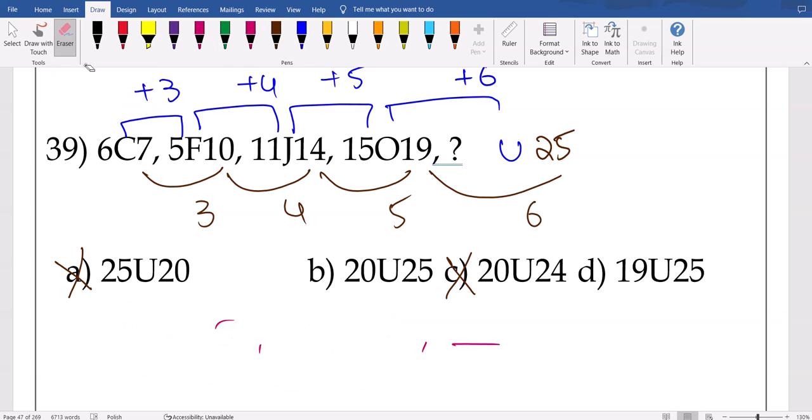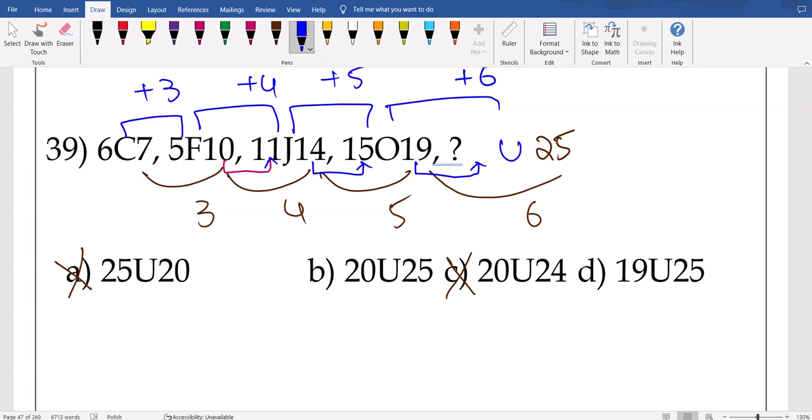See my point, here I'm checking in this way. 10, next number 11, right? Whereas here, 14, next number 15. 19, next number 20. So maybe among the given options, that one is the chance I'm thinking about.